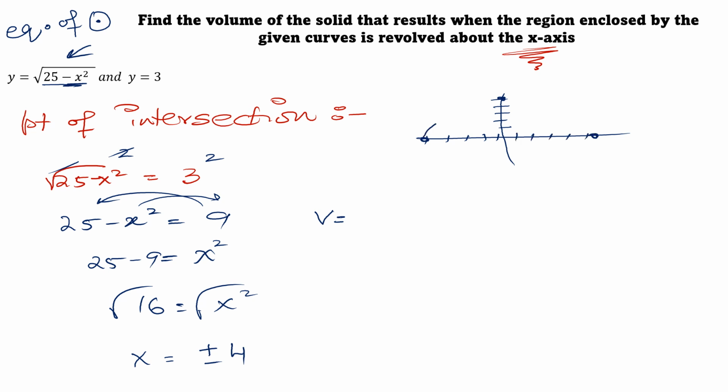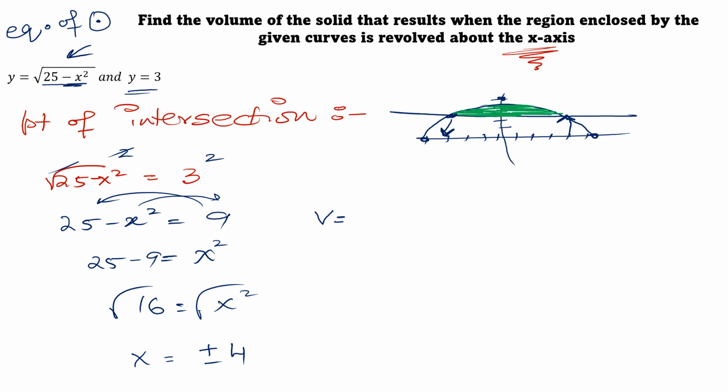So this is a kind of semicircle. And y equals 3 would be a straight line. Now here you can see that the points of intersection, if you are plotting it correctly, are negative 4 and positive 4. And from here, I can also understand that the upper graph is the equation of the circle and the lower graph is the straight line.